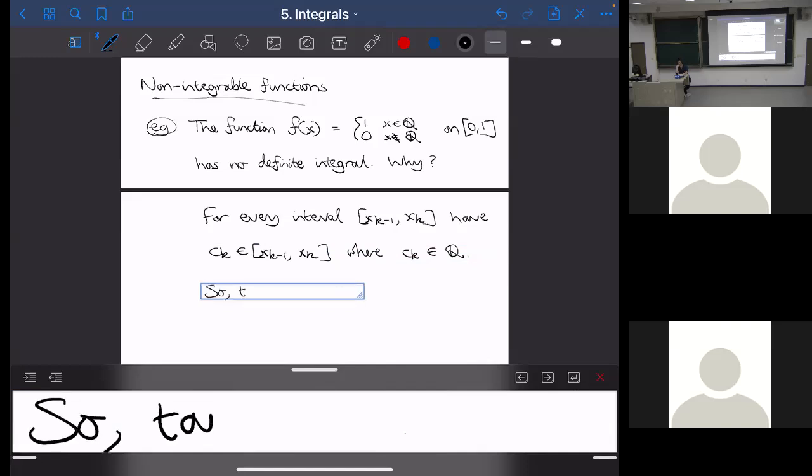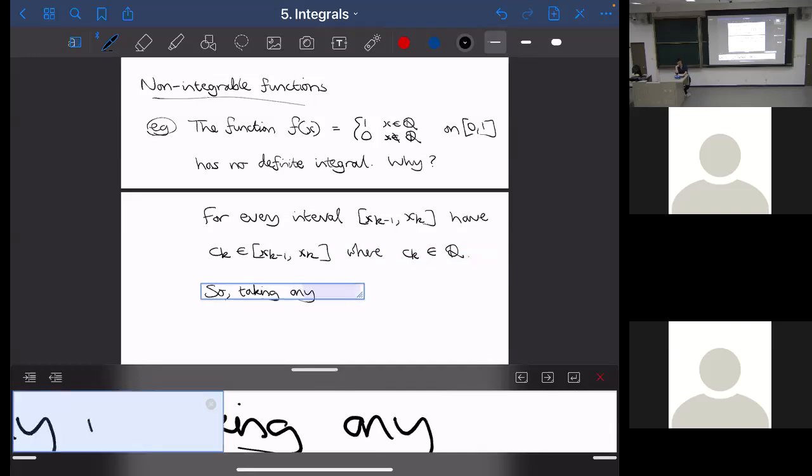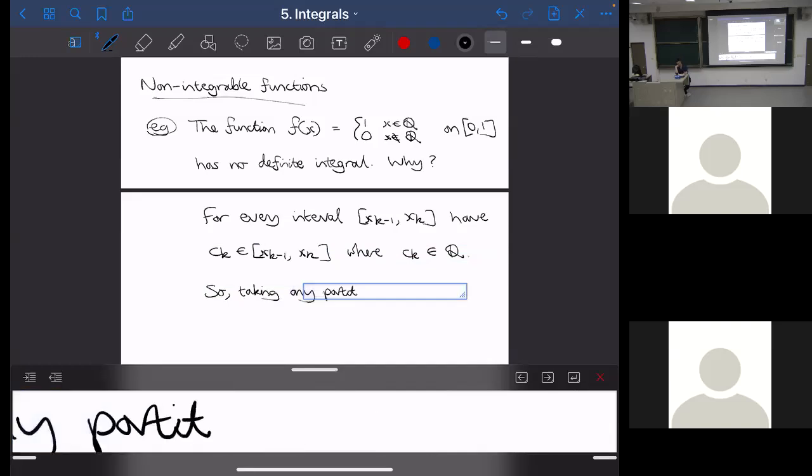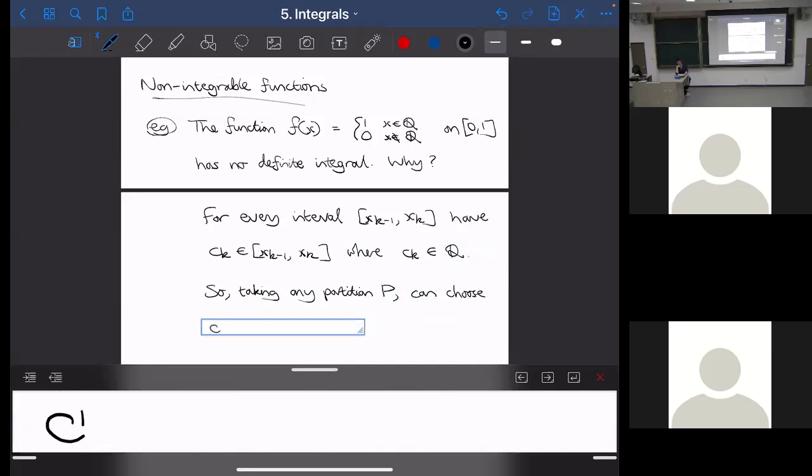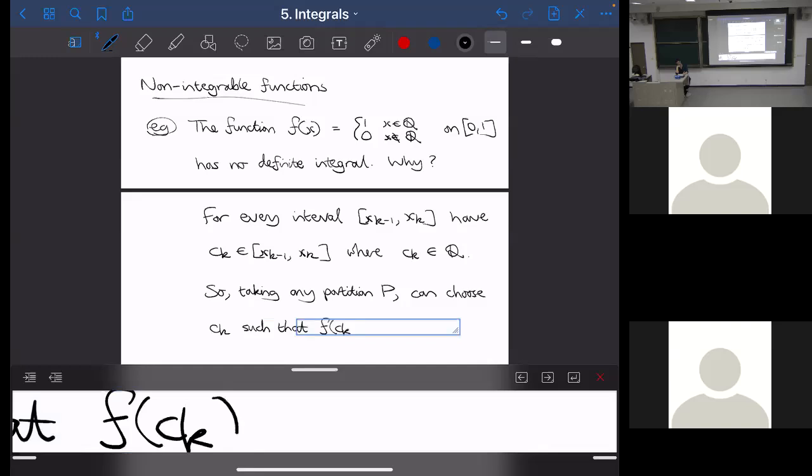So, taking any partition, we can choose c_k such that f(c_k) is 1.